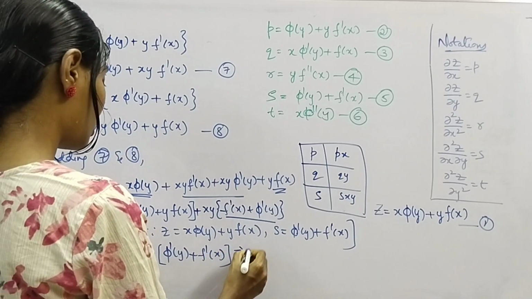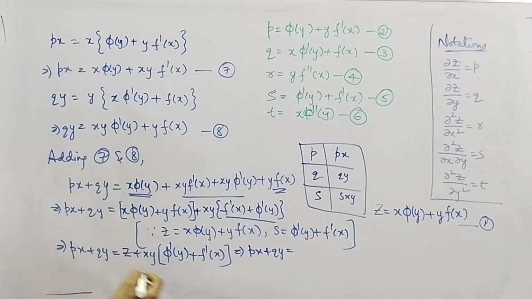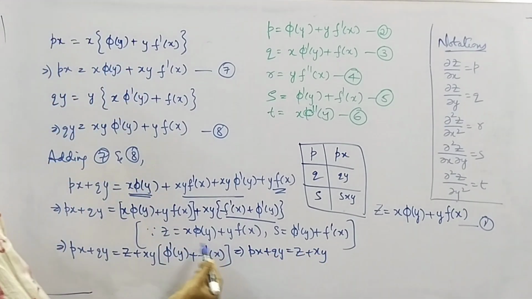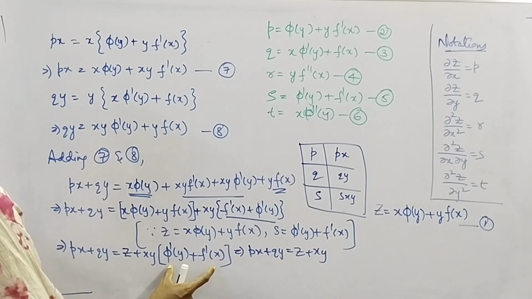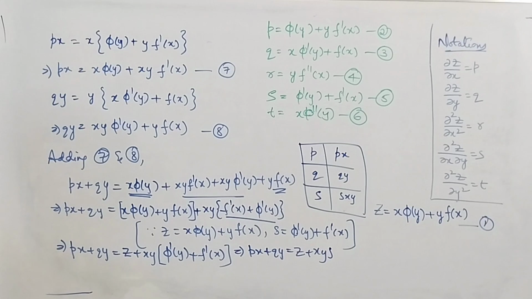Now this gives us px plus qy equal to z plus xy into, we know that phi dash of y plus f dash of x is s. We have replaced it by s, right? Px plus qy equal to z plus xys is the required partial differential equation.